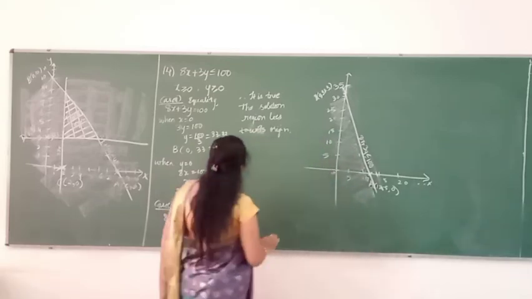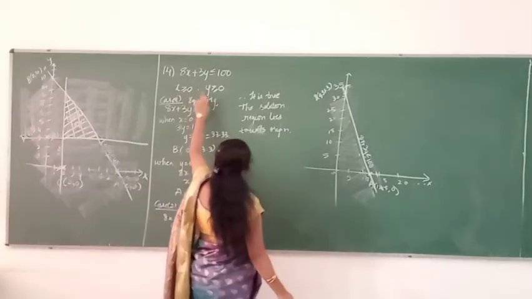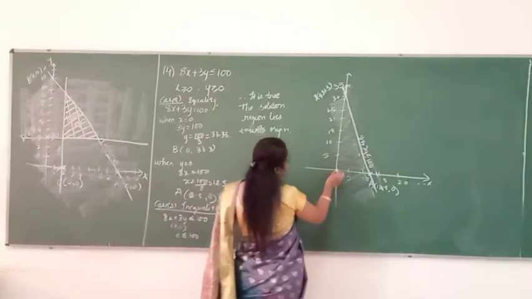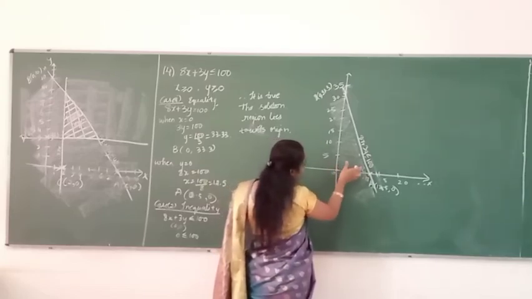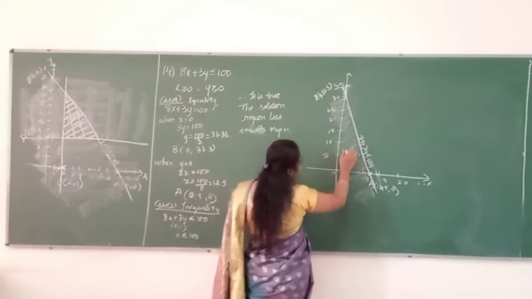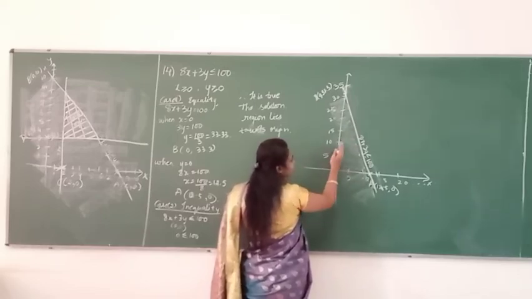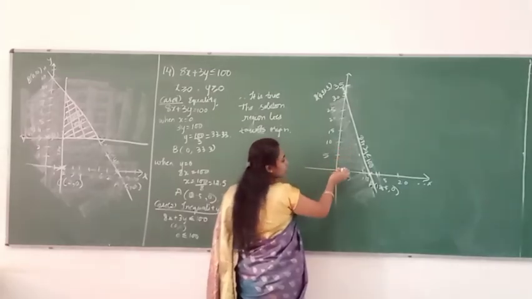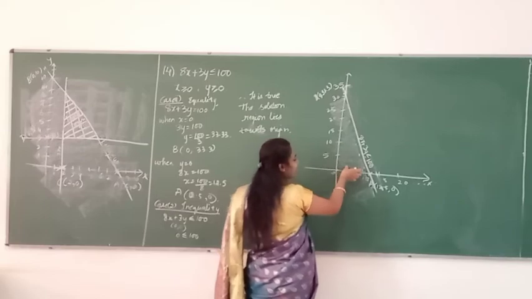So you might be thinking, here they have given x greater than or equal to 0 and y greater than or equal to 0. So what does it mean? It means that this solution region is for x greater than or equal to 0, as well as for y greater than or equal to 0.